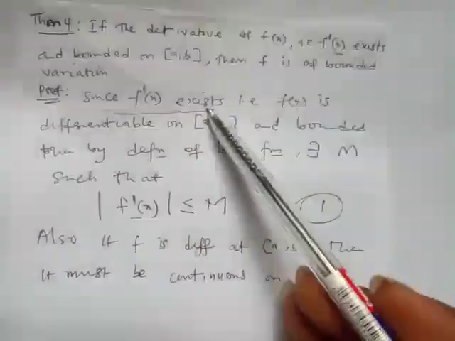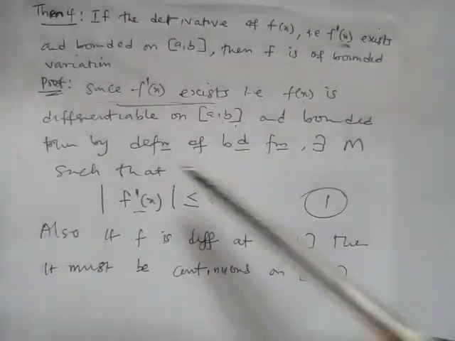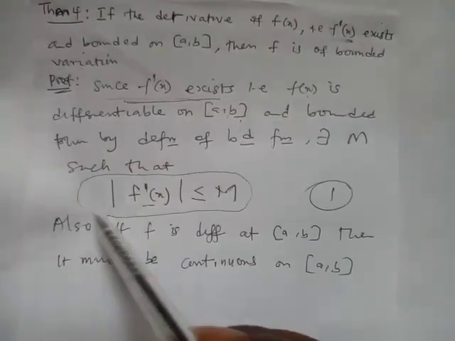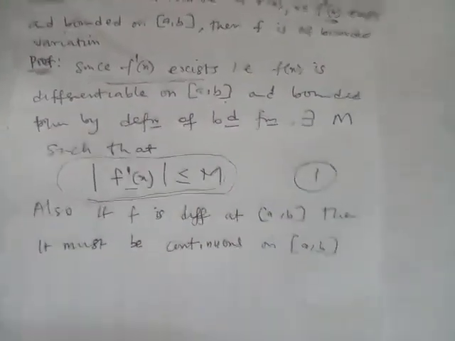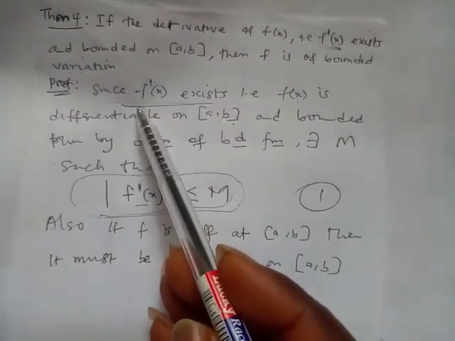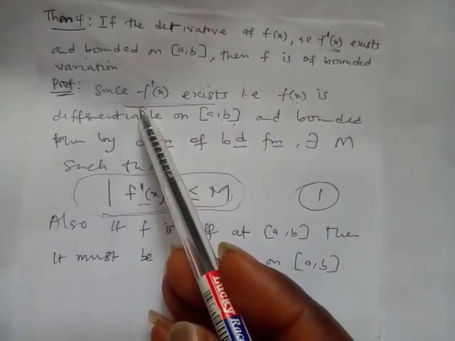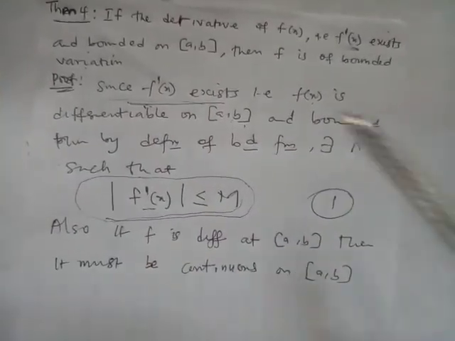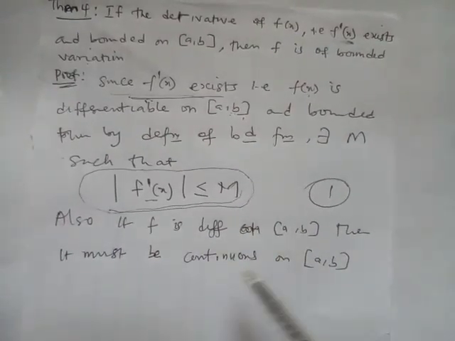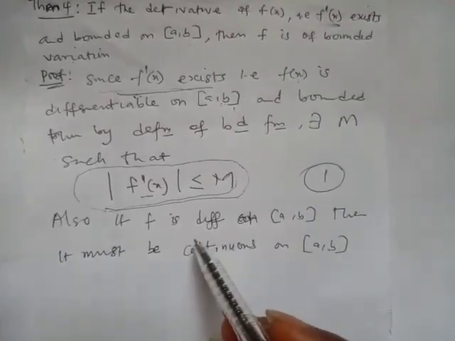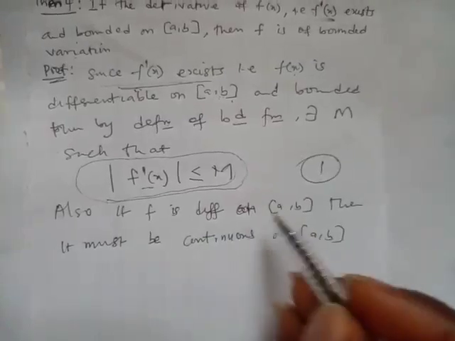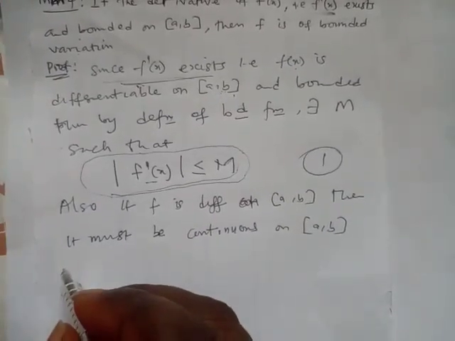That f prime of x exists simply means it's differentiable, and you are told that it's bounded, so we call this the definition of bounded function. So we kept it. Now we go back to the statement that the function is differentiable on this interval. So definitely by the theory of continuity and differentiability, every differentiable function is also continuous. And if you have these two, then we can apply the mean value theorem.